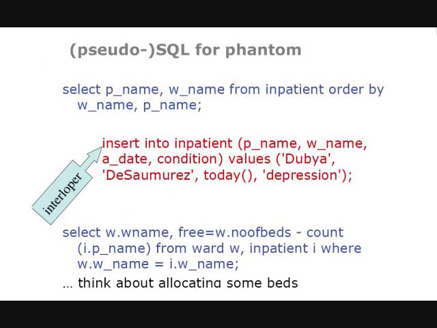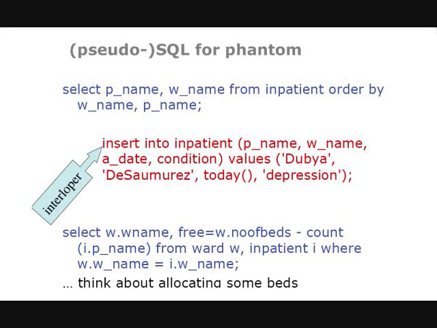So if I wanted to look at it in terms of SQL, I could have something like SELECT pname, wname FROM inpatient ORDER BY wname and pname. So I'm getting a list of patients there, and that reflects some of the patients that are in my database at the time. Then this other transaction comes and executes, because I haven't packaged that in a transaction together with the last bit. So I have INSERT INTO inpatient (pname, wname, date, condition) VALUES, whatever. So I get the new patient into the database.